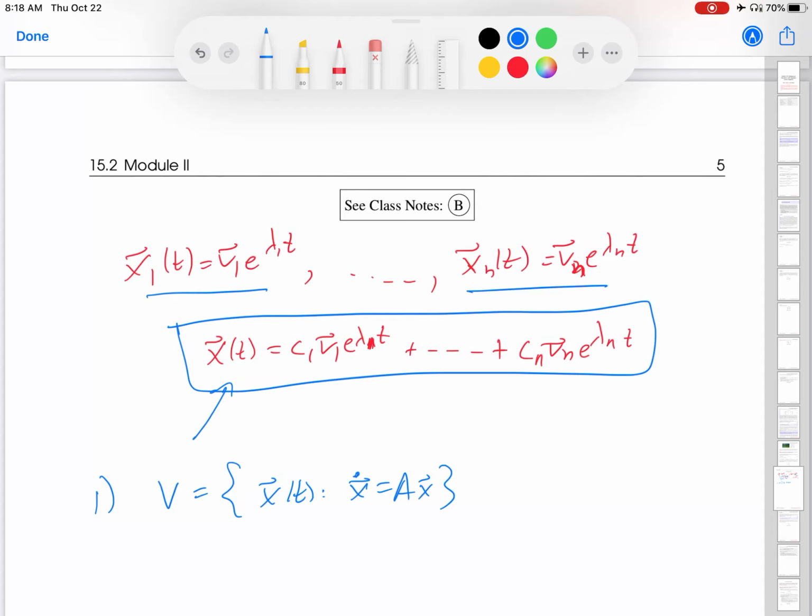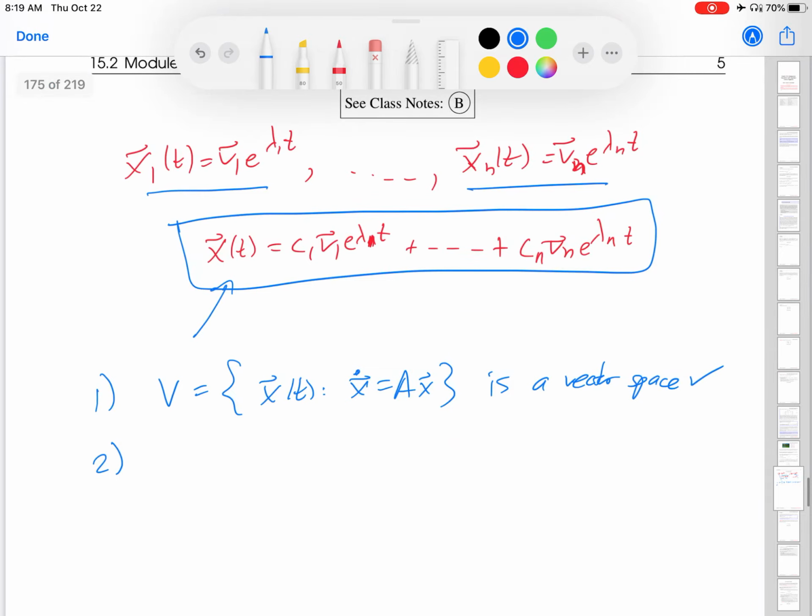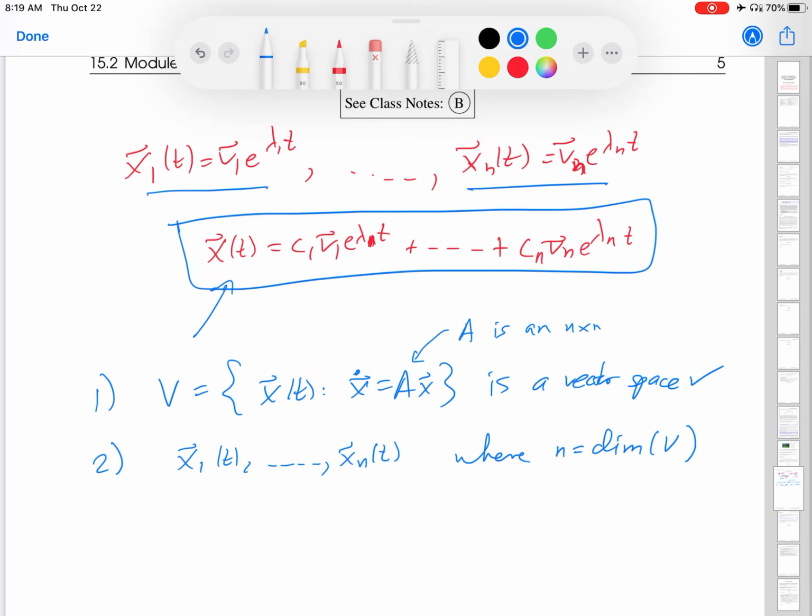We talked about that in a previous video a few lessons ago. Great. So now we want to find a basis for it. Suppose we have found n of these solutions where n equals the dimension of V. Remember that here I'm assuming that A is an n by n matrix.